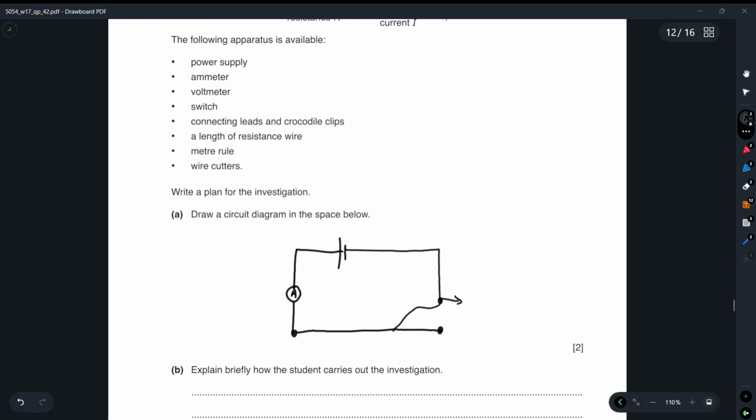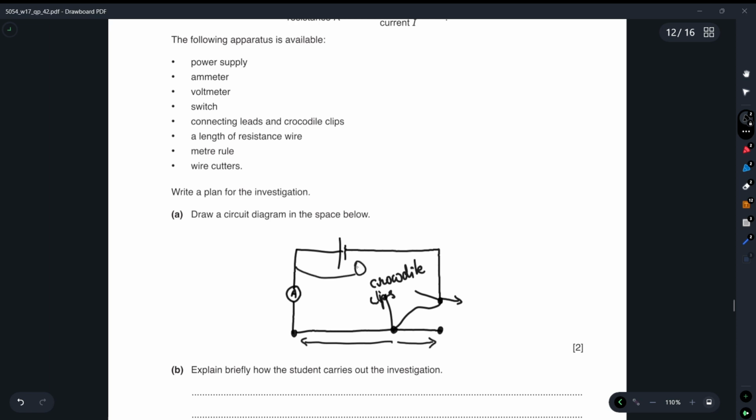So from here to here, these two are going to be connected with what? With crocodile clips. And then essentially you can move this end of the crocodile clip to the left to reduce the resistance, or to the right to increase the resistance.